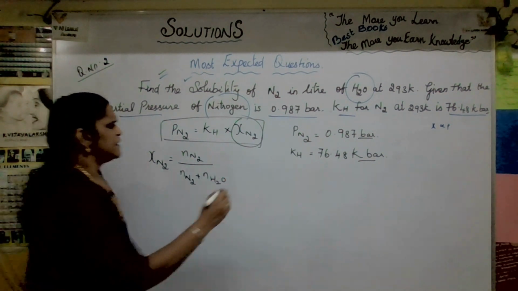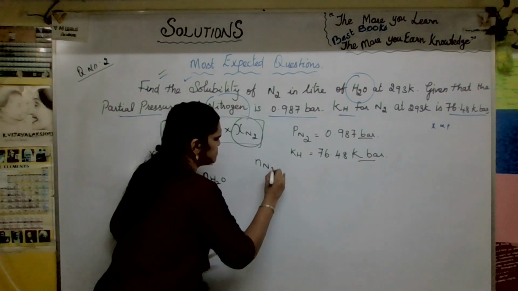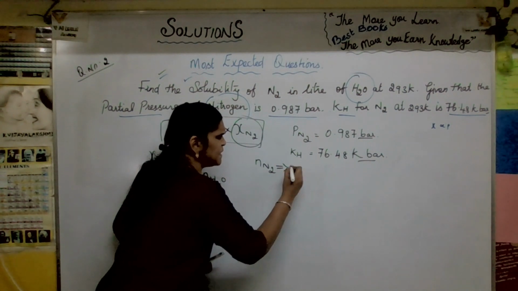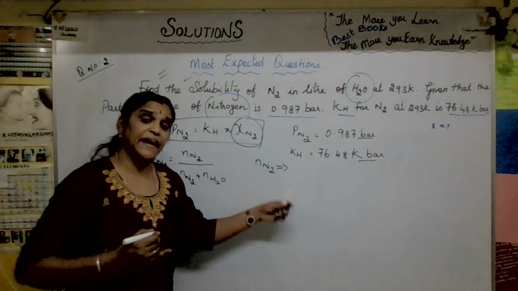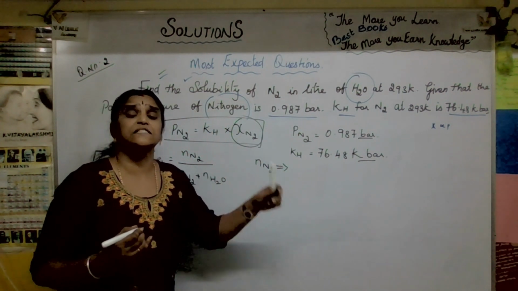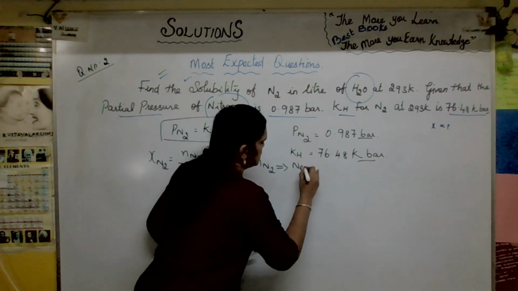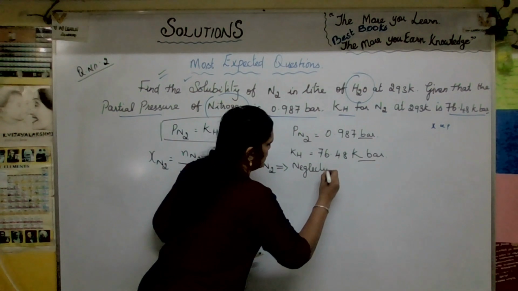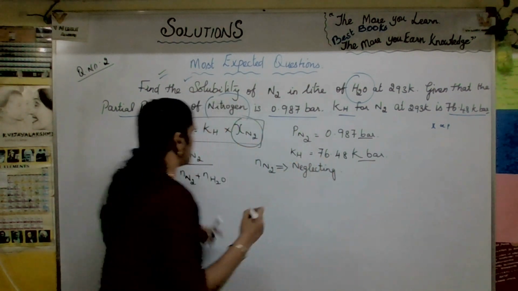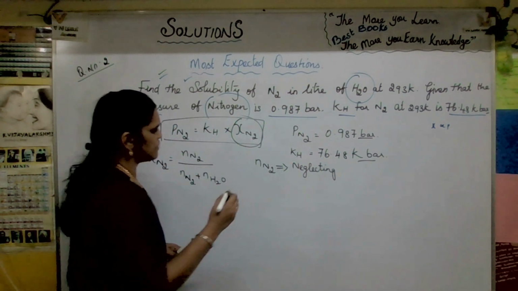The n of nitrogen is negligible. Why can we neglect it? Because only a very small amount is dissolved. So we neglect it.